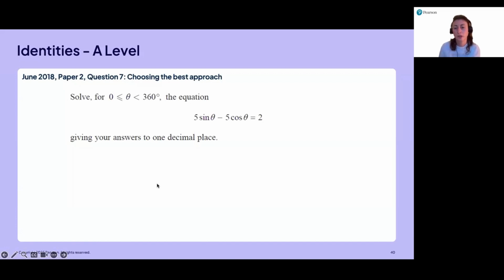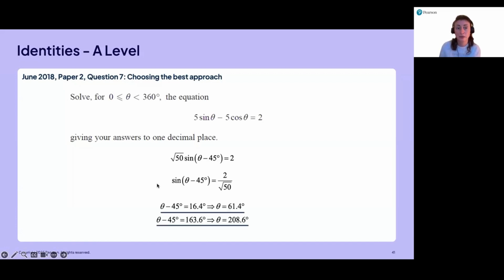So this was a leading question. I was hoping that you would give a few different answers, which you have done. So a good way of doing this is the R method, even though it hasn't explicitly told you to. Here I'm showing you how you can do this with R sine. You could also do this with R cos.